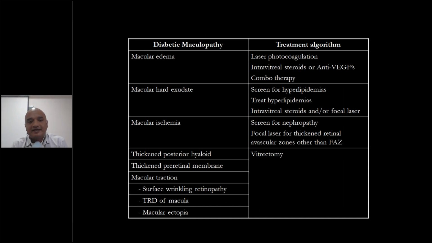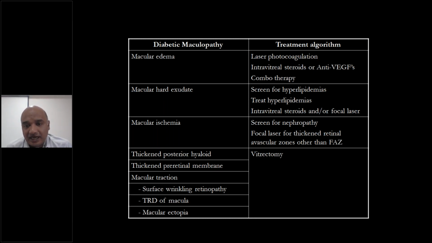So to summarize, what has to be done in diabetic retinopathy? If there is macular edema, what are the options? You have laser photocoagulation, intravitreal steroids or anti-VEGFs, or you can combine these two appropriately and see what is best for the patient. If macula is filled with hard exudates, then what do you do?